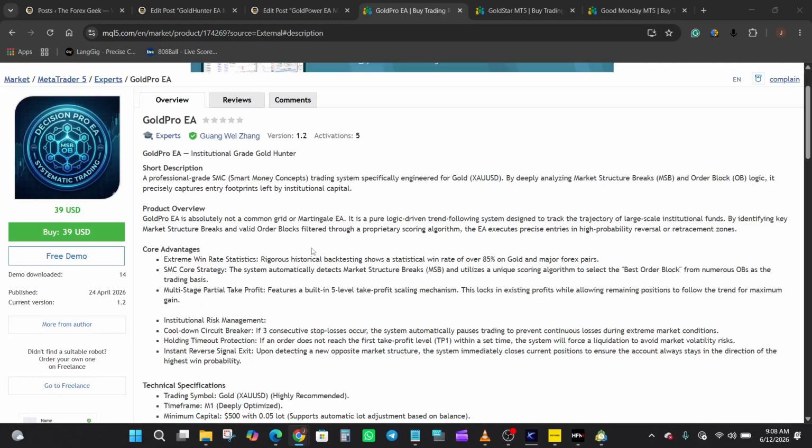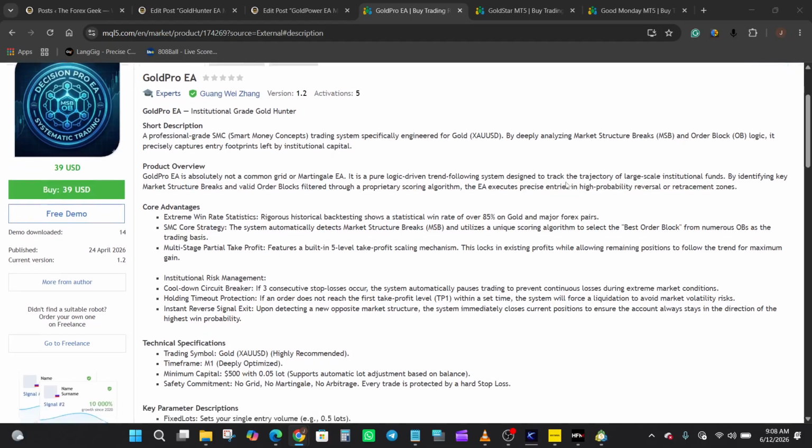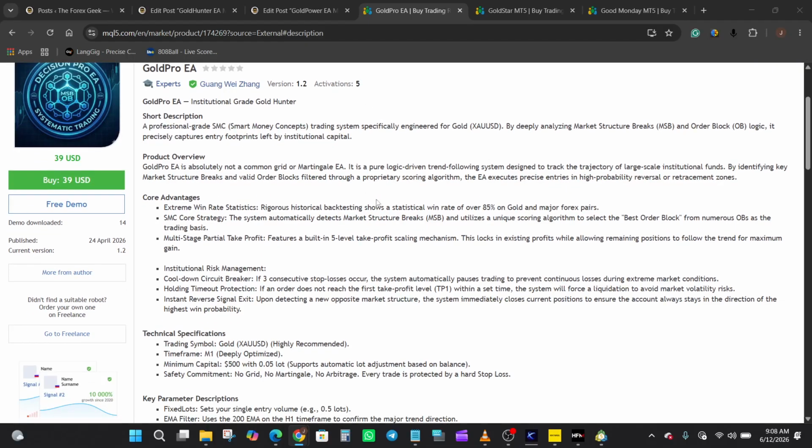According to the MQL5 Marketplace page, this EA is specifically designed for trading gold or XAUUSD and focuses on a smart money concepts or SMC-based approach. All right, starting with the marketplace overview, GoldPro EA is currently priced at $39, comes with 5 activations, and the version shown here is 1.2.